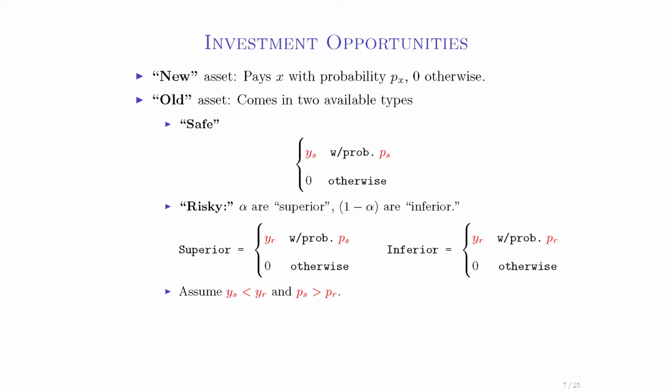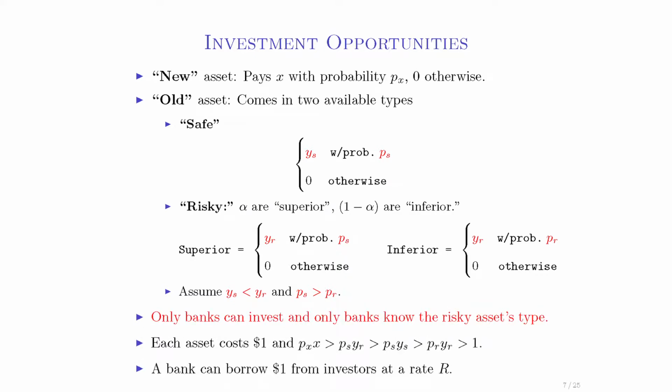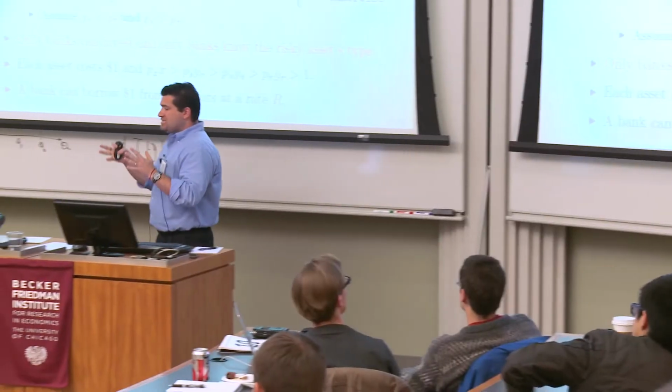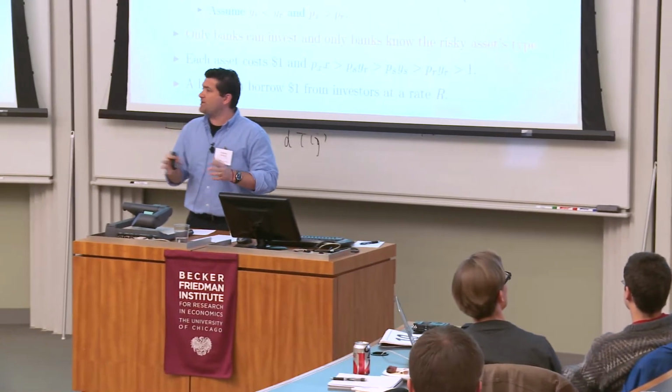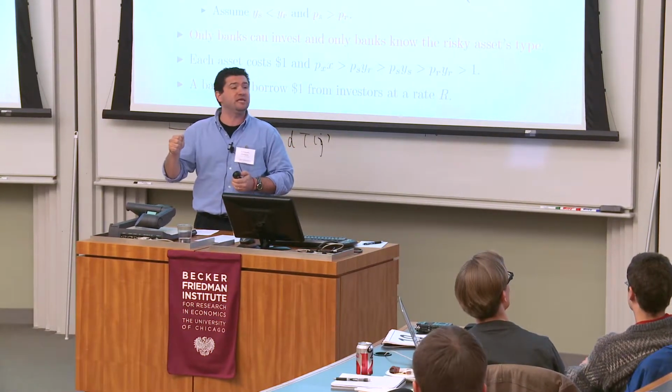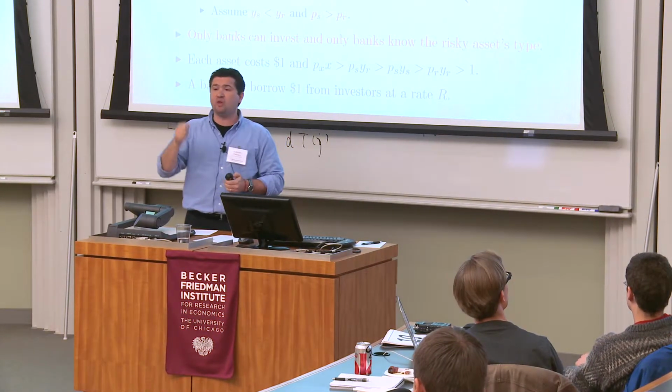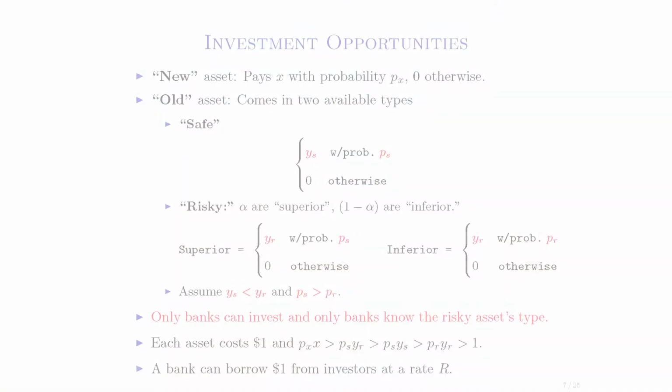Okay? So now, basically what I'm going to assume is, first of all, only banks can invest in these assets. And second, that only banks can open the lid of the risky asset box. One of the advantages of banks is that they can know what is inside the risky asset box, whether it's a superior asset or an inferior asset.